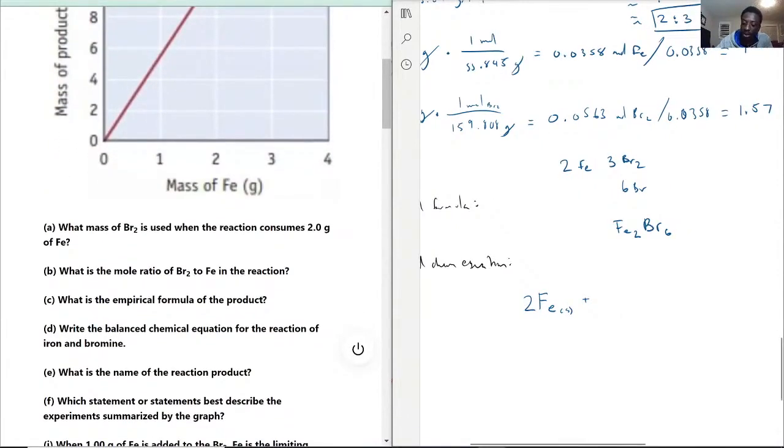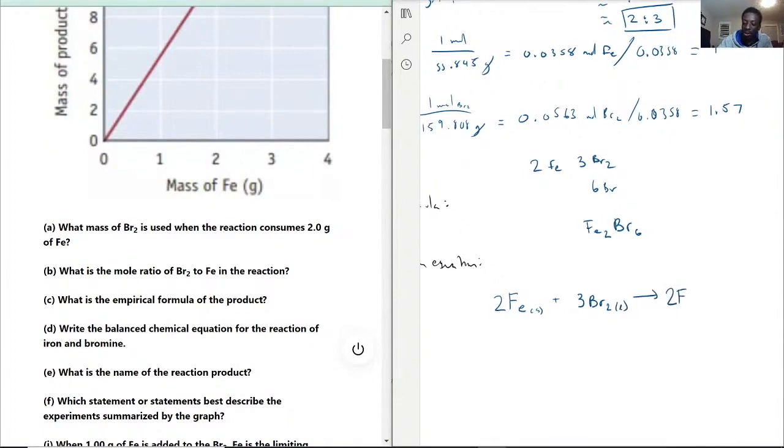So liquid bromine, 3Br2 is going to turn into 2FeBr3. I think it would be best just to put Fe, because it has it there. Yeah, I'll put Br6 here for now. That's what I'm thinking, but this would be the equation we're working with here. That is what we would have for the product.